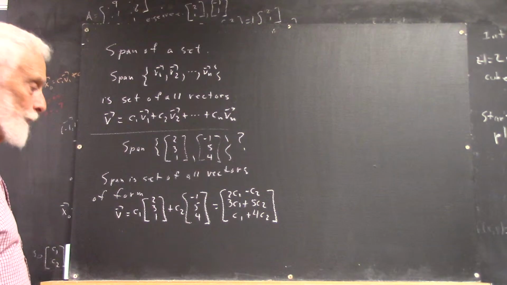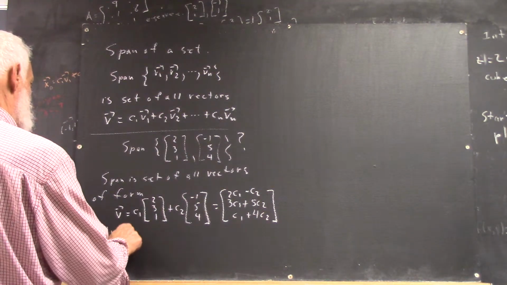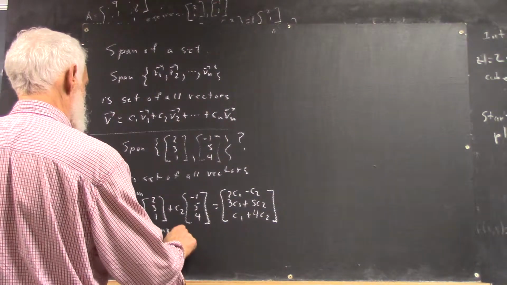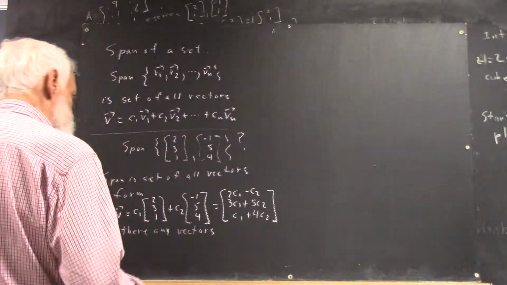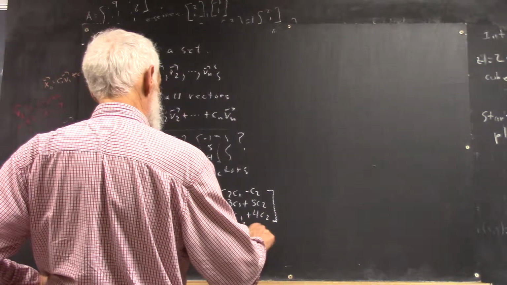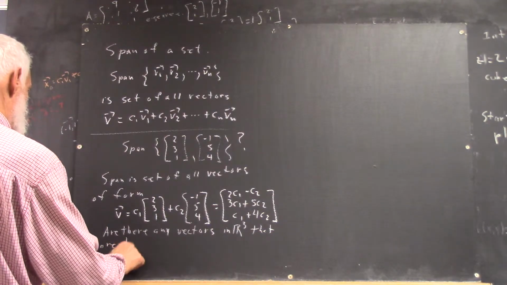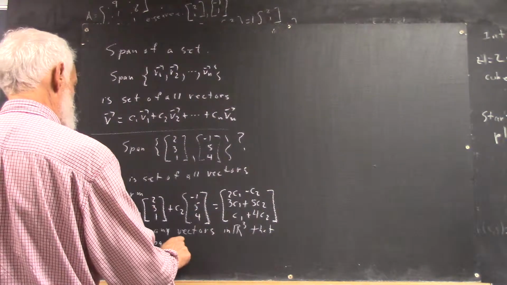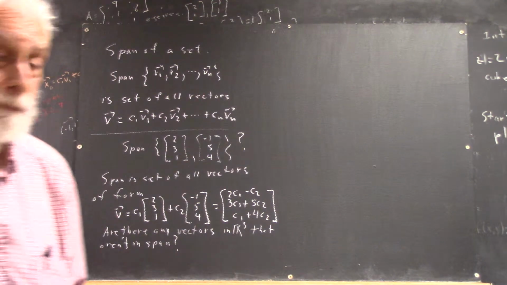Okay? So, my question here: are there any vectors in R3 that aren't in the span?